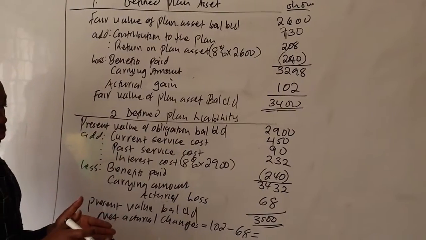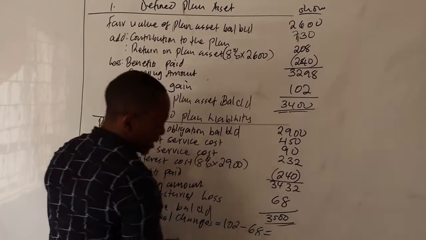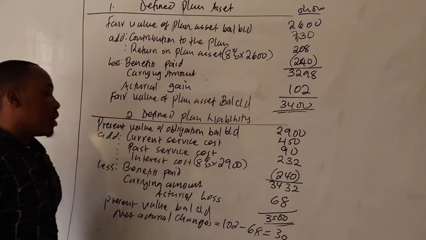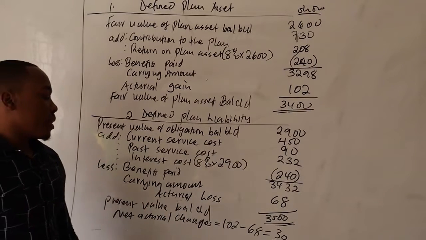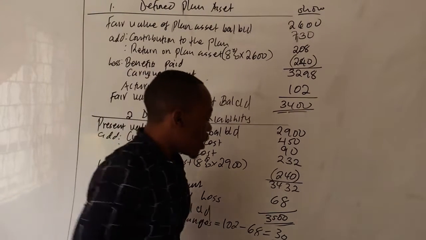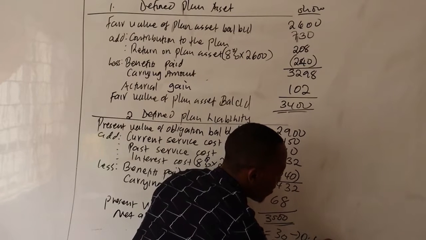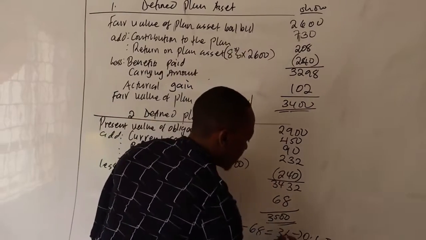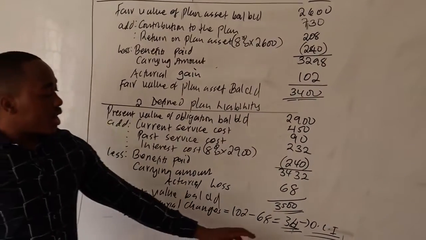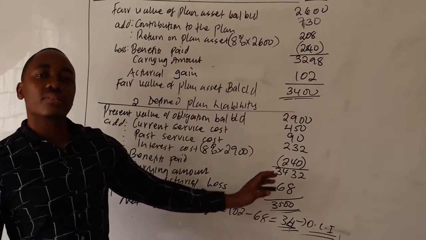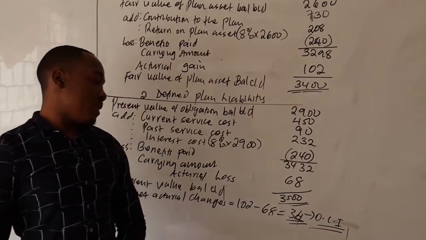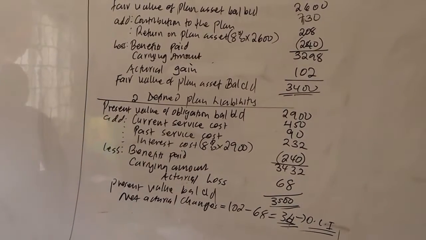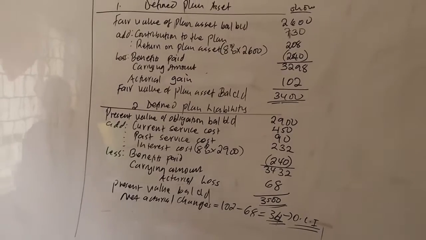The difference between the two is 34, sorry, not 30. The difference between the two, you take it to other comprehensive income. And I'll show you where we present other comprehensive income. So you may look at that. Then we try another question still from the past paper.